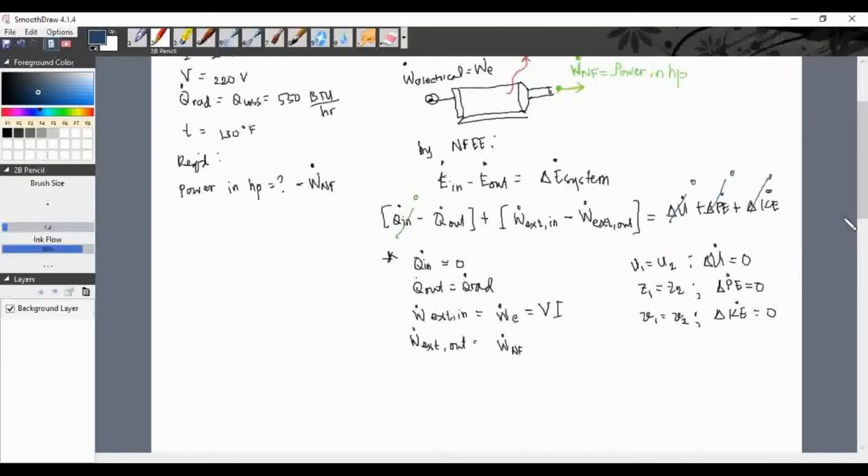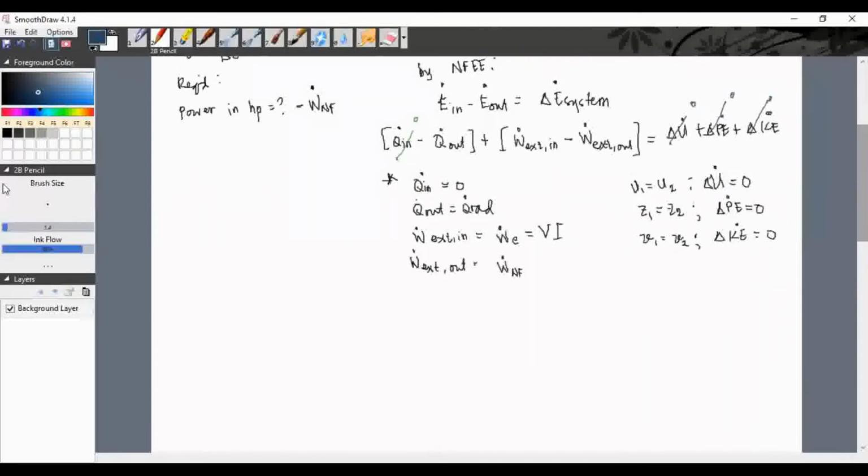So, ano ang matitira dyan? So, matitira dyan is yung Q out na magiging Q rad plus yung external in, that is yung ating electrical, minus external out, yung ating work done flow, equals to 0.